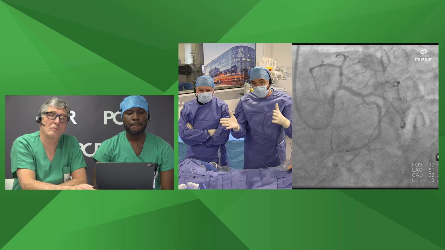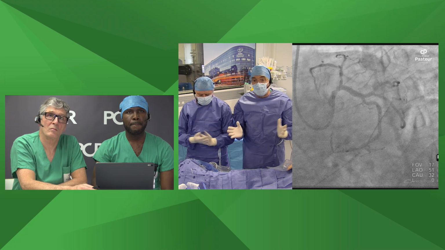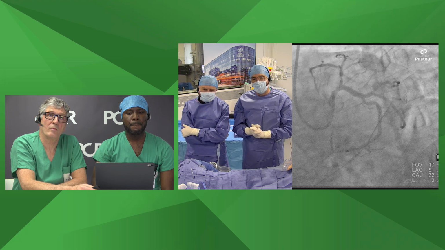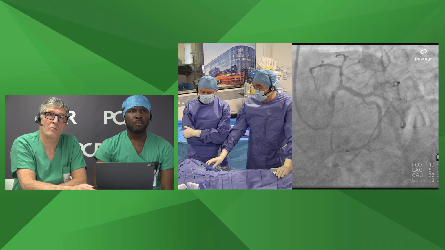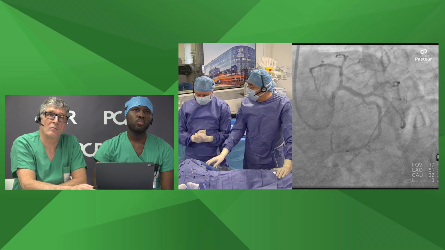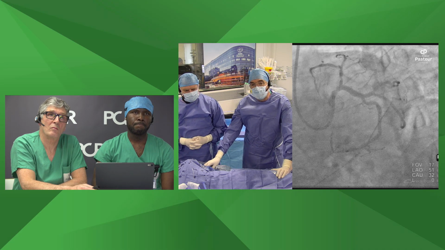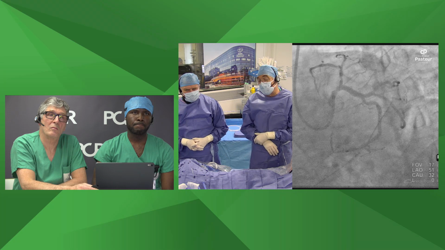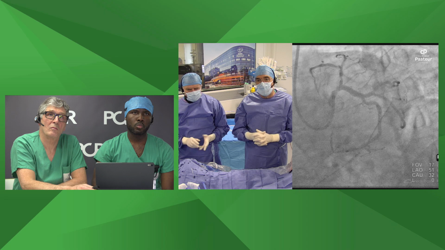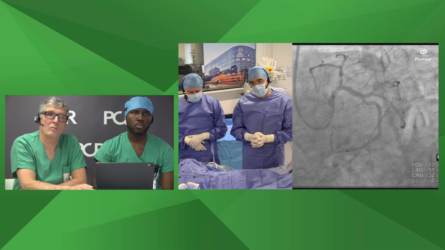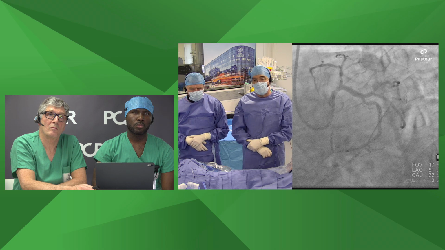And finally, we will finish with the final POT. Could be a 4.5 or 5 millimeter balloon. And we will discuss then the need for intravascular imaging to assess the quality of the result, particularly the complete apposition of the stent, particularly at the side of the circumflex and the left main.